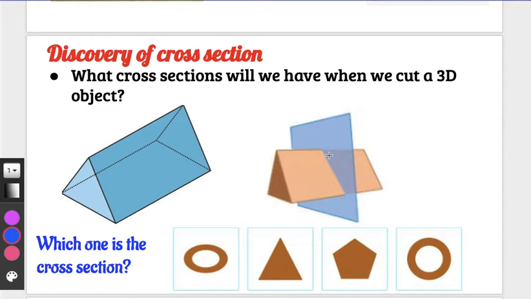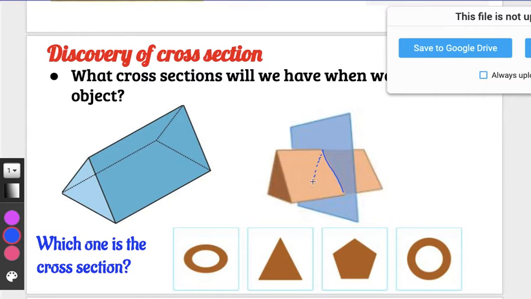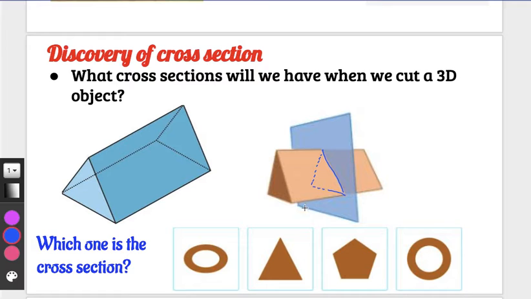Then what kind of shape is the cross section in this situation? You can think about this. Again, focus on the side touching the knife. Some students probably figure out that it is actually a triangle, right? So that's why the cross section for this case is a triangle.